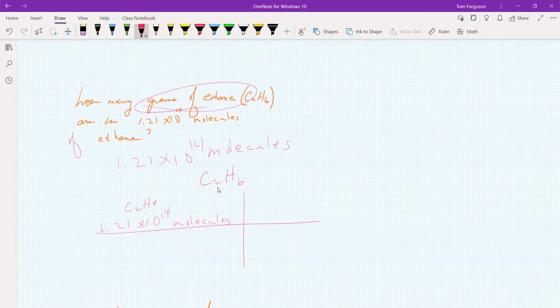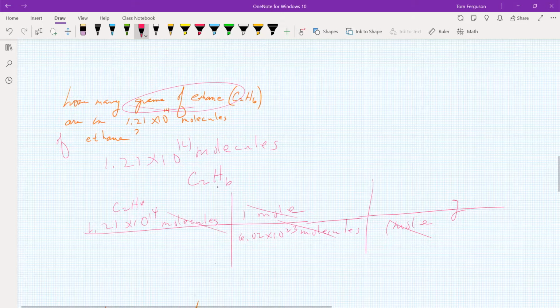So we need to convert the molecules first to moles. And that's going to be Avogadro's number. Now we have moles. Now we can go to grams. And that grams to moles is from the periodic table.